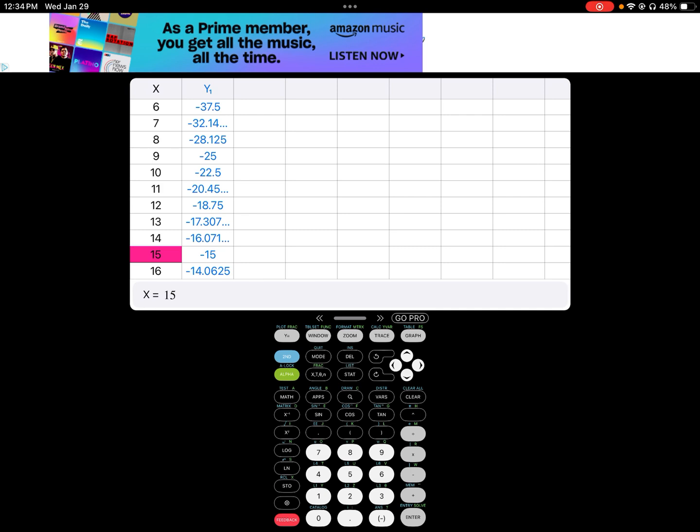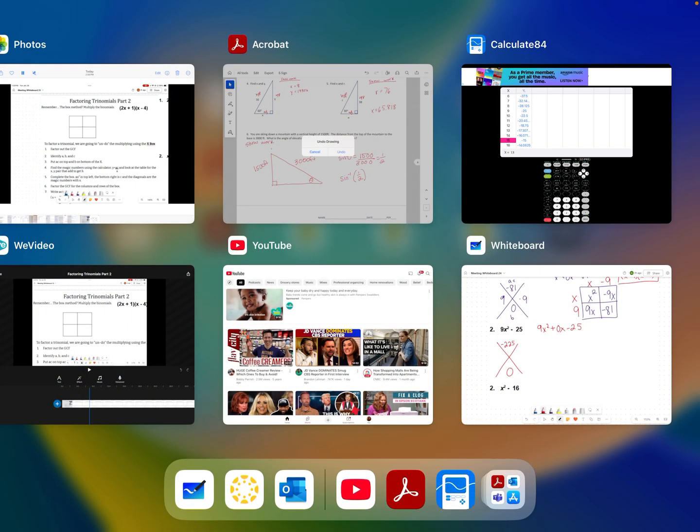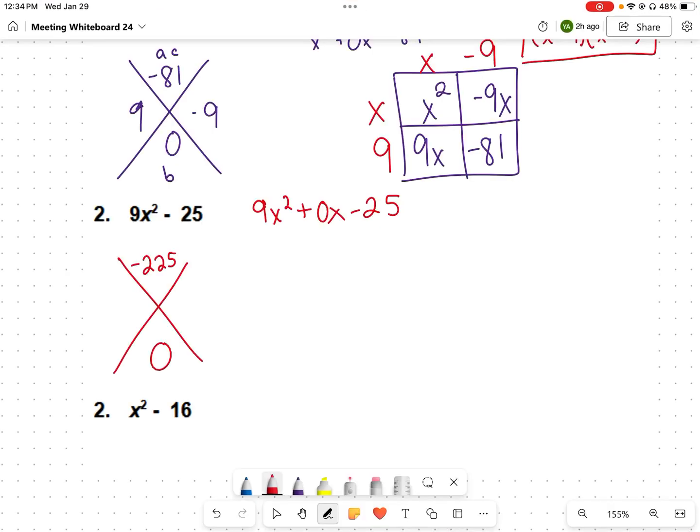Do you see it? 15 and negative 15. So those are the magic numbers. It's easy whenever we can use the calculator to find those magic numbers. So negative 15 and 15.